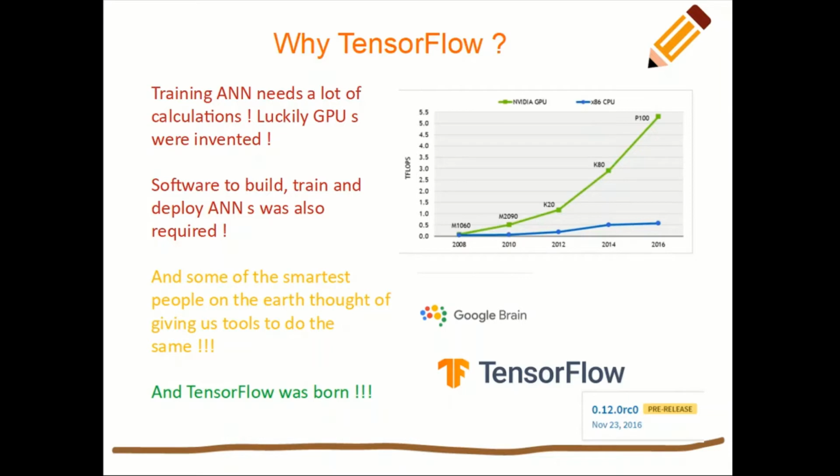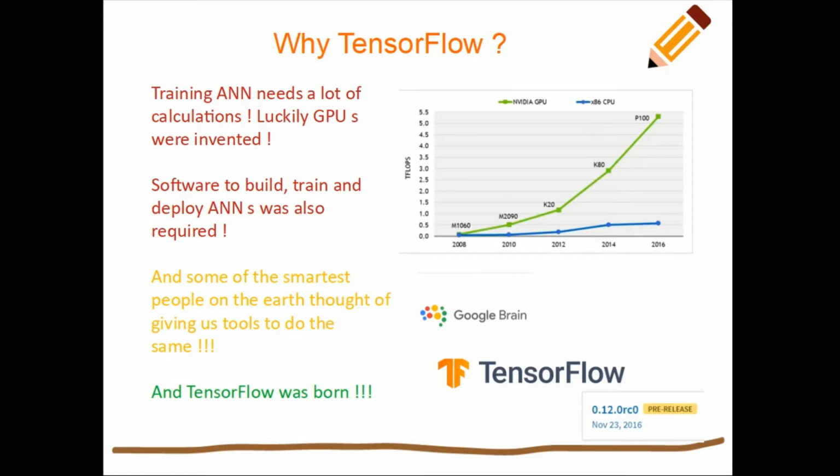Okay, so TensorFlow was born out of this need to have a specialized software which could do building of those networks, training those networks, deploying those networks, and other things like monitoring those networks when they were deployed, etc., right? And it had to take care of the distribution of the computation across multiple GPUs on a single server or even multiple servers, right?